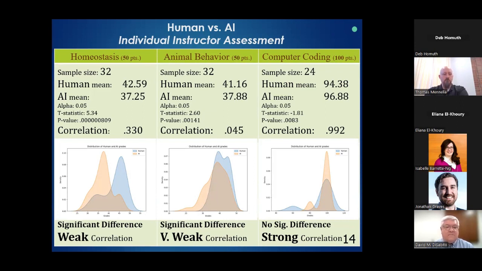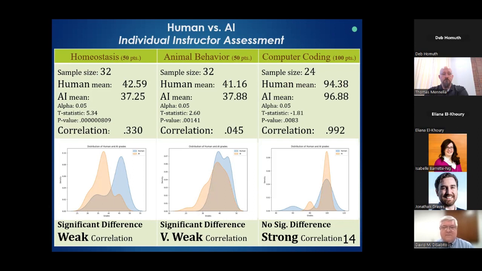We saw a very weak positive correlation at 0.330, and there was a significant difference in the means. In animal behavior, you can see we had more overlapping in the distribution curves, but a correlation that was virtually zero, which was very odd for us to digest. There was a significant difference in the means, and as I mentioned, virtually zero correlation.